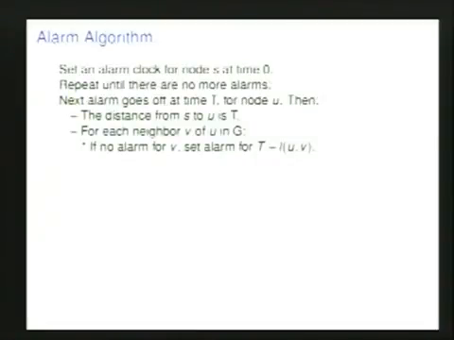So the time at which you would reach that node through this node is t plus L of uv. So you set that alarm. If there is an alarm for v, and if v's alarm is greater than t plus L of uv, then you reset it to this earlier time. Okay, so this should have a greater than.